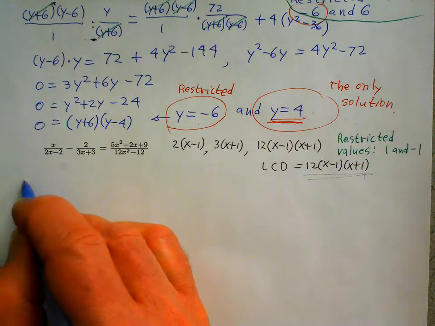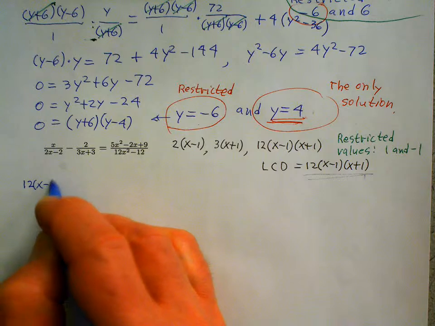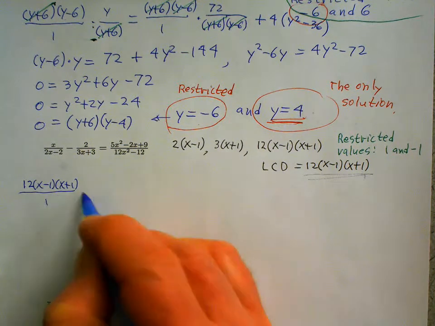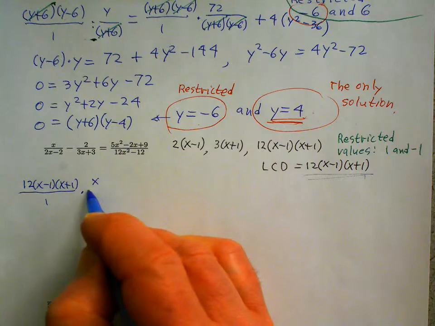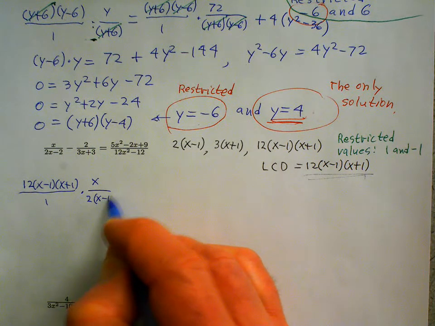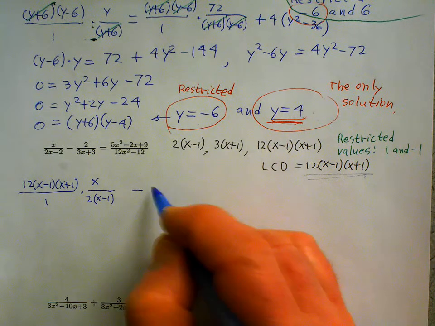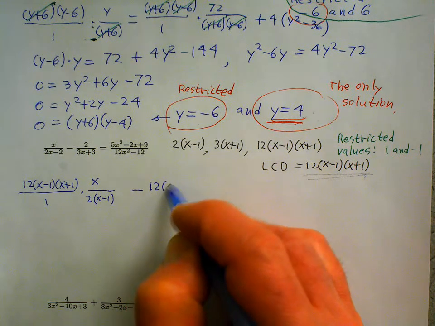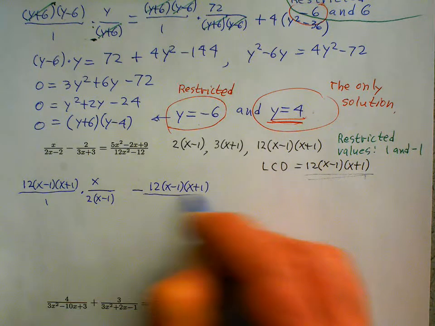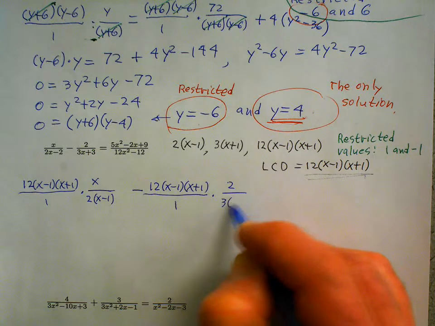So 12 times x minus 1 times x plus 1 over 1. Here I'm going to factor the denominator, so it's 2 times x minus 1. And then minus the least common denominator times 2 over 3 times x plus 1.